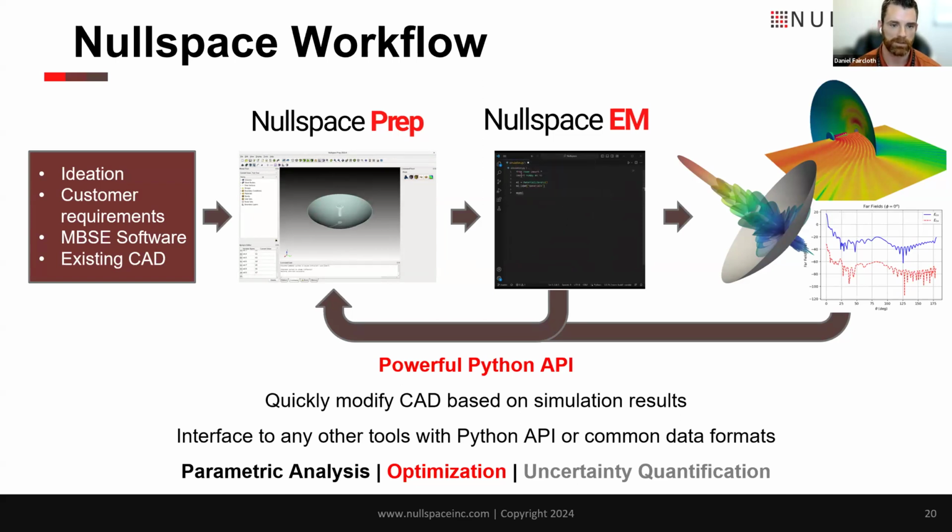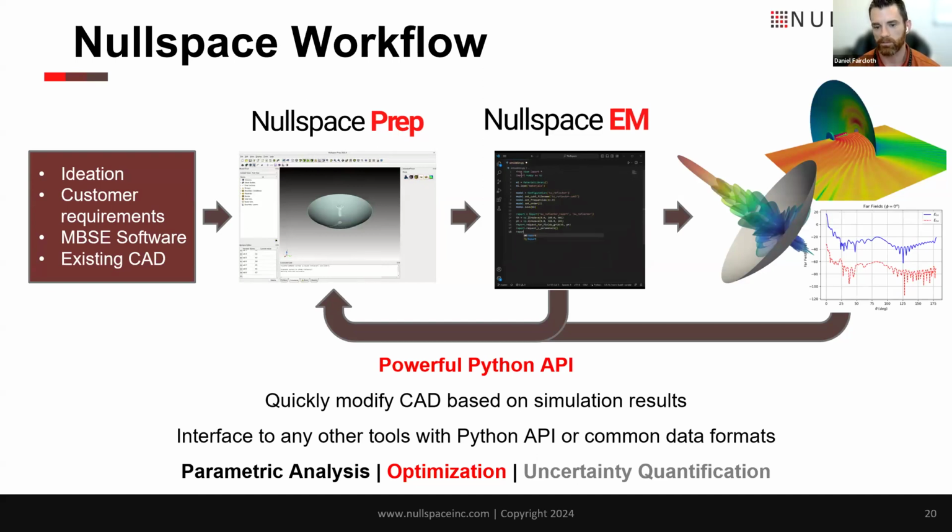You can create meshes in Prep, and then that meshed geometry flows into Nullspace EM, which is the computational kernel that produces the engineering data necessary to do any kind of post-processing for your specific application.